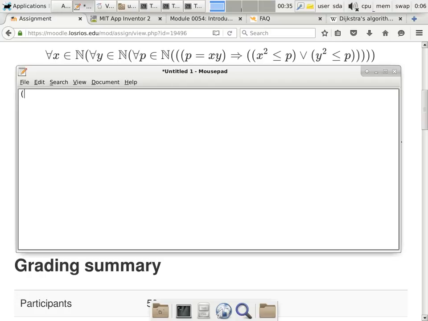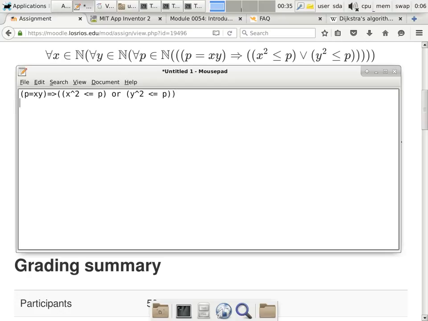The theorem part is basically just saying p equals xy implies that x squared is less than or equal to p, or y squared is less than or equal to p. This is the original theorem. And in order to prove by contradiction, we have to negate it first.